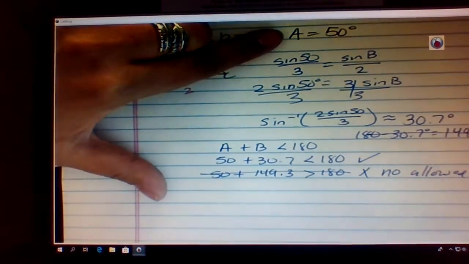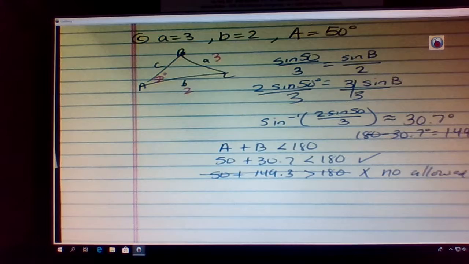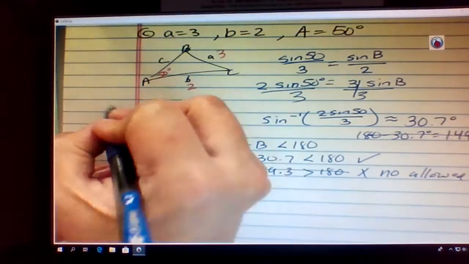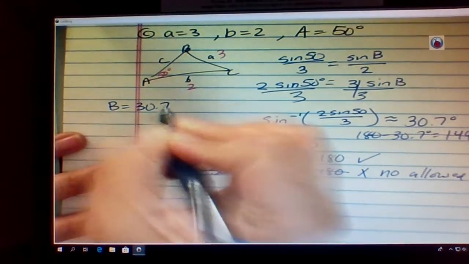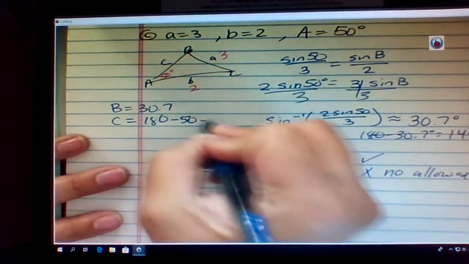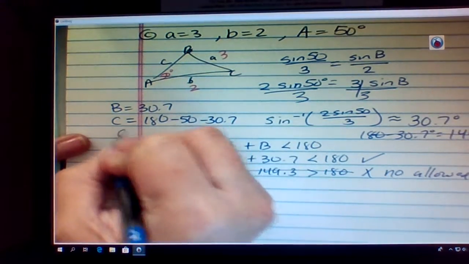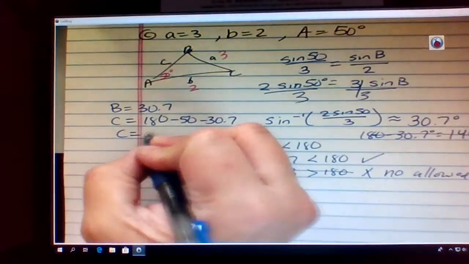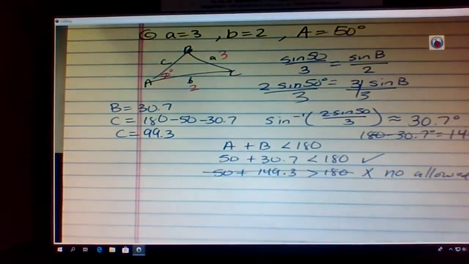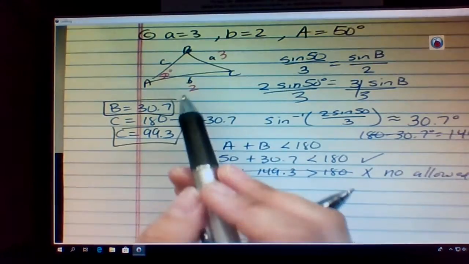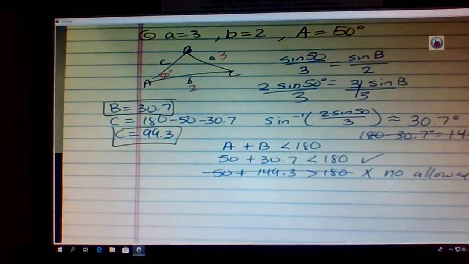I'm going to do one where you're going to have to use both, so you can see the difference. So I already know that angle B is 30.7. That tells me that C is going to be 180 minus 50 minus 30.7. That tells me that C is what? 99.3. So I know my B, I know my C, I already know my little a, my little b, but who am I still missing? Little c.